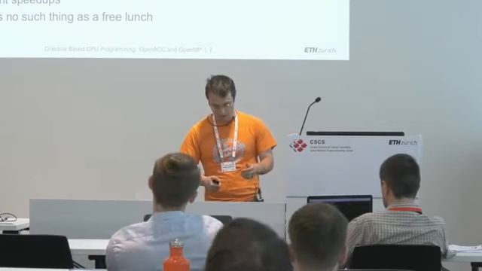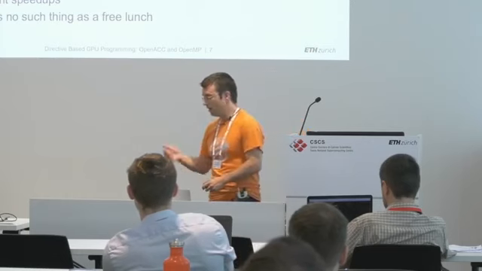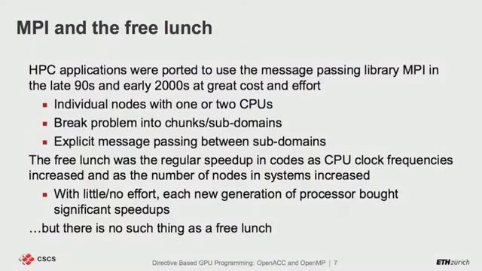So we had the MPI model, which most of you know: each process has its own memory and its own virtual address space, completely different from the others, and they just communicate with messages that go either through the network or a common channel in shared memory. How we would program back then, we split our problem into different chunks and different sub-problems.